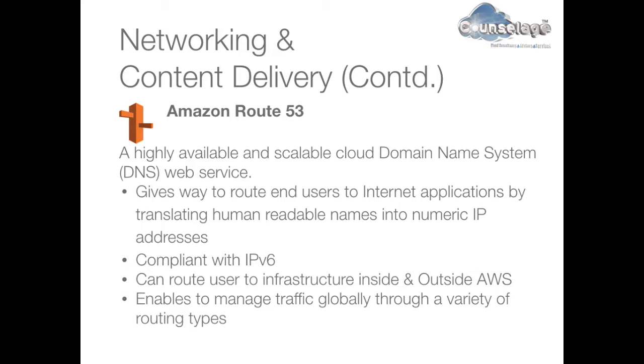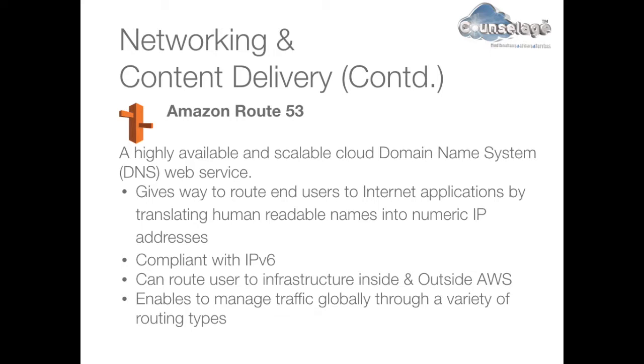It effectively connects user requests to infrastructure running in AWS, such as EC2 instances, load balancers, or Amazon S3 buckets, and it can also be used to route users to infrastructure outside of AWS. So this is something which is very important and a feature that one should know.